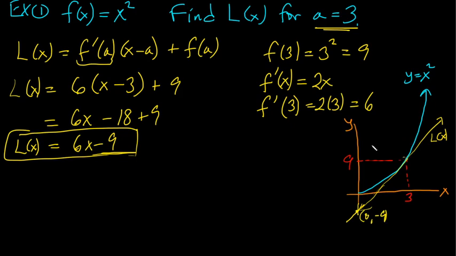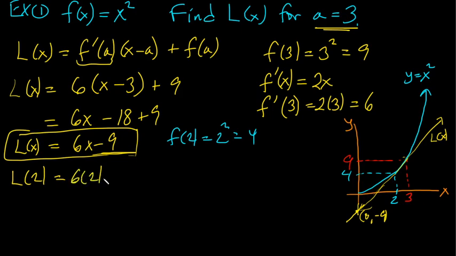Okay. All right, so let's just see how good of an approximation this is. For example, we know that f of 2 is 4, right? 2 squared is 4. So what would L of 2 be? If I plugged in x equals 2 into L, we get 6 times 2 minus 9, which is 12 minus 9 is 3.